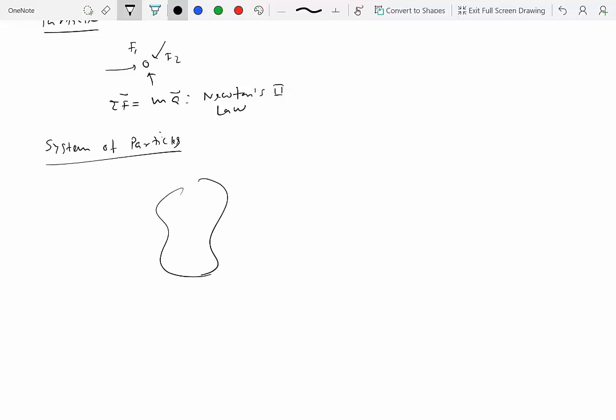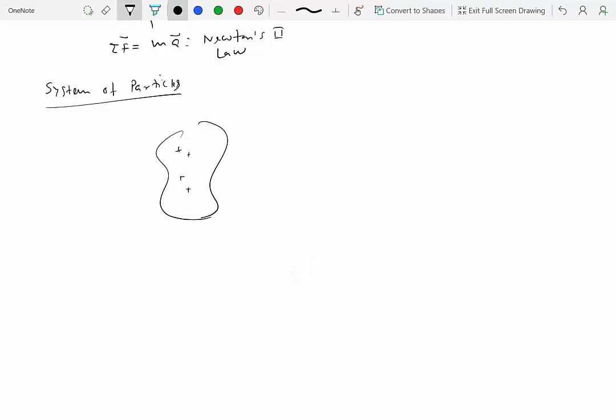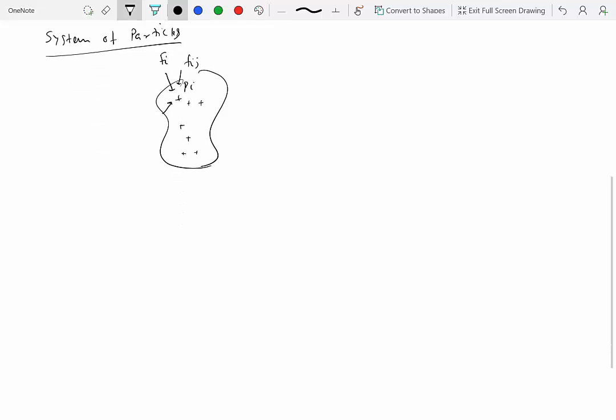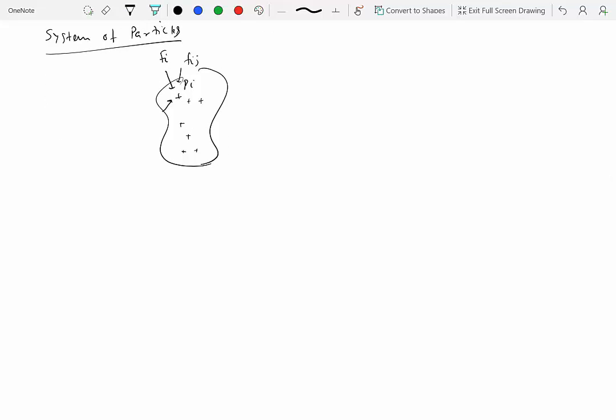You had a system of particles, multiple particles inside the system, and let's say one particle Pi had external forces applied, so you had Fi, and then you had Fij, where small Fij represented the internal forces. For the system also, you could write a similar relationship: sigma F equals mass of particle i times acceleration of particle i, and the internal forces occurred pairwise.